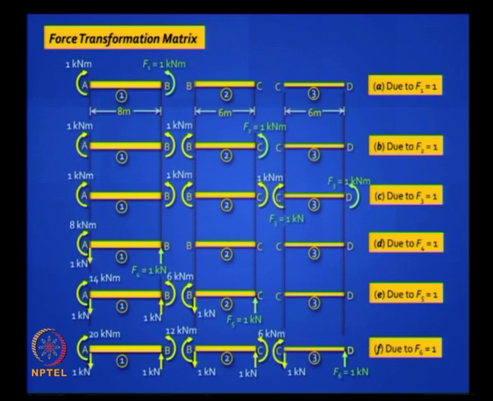If you are applying a unit moment, you get a constant moment in element 1. If you are applying a unit load force, you will get a linearly varying bending moment diagram. That is all automatically captured by F1 star and F2 star. So, you must connect what you are learning now with what you did earlier, but this is a blind powerful method of doing it.